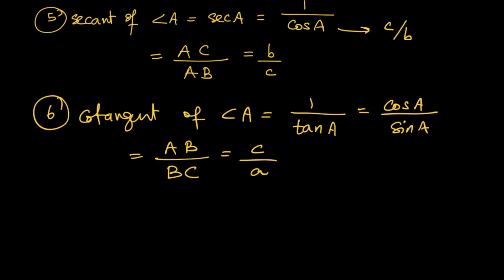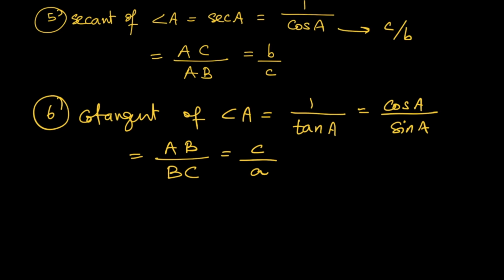You also need to realize that the values of trigonometric ratios of an angle do not vary with the length of the sides of the triangle if the angles remain the same. So if you consider a triangle which is similar to our existing triangle, the ratio of the sides is not going to change, and the trigonometric values will also not change.